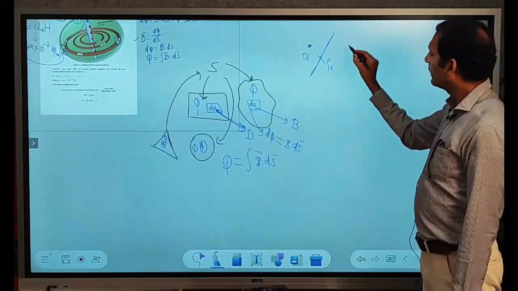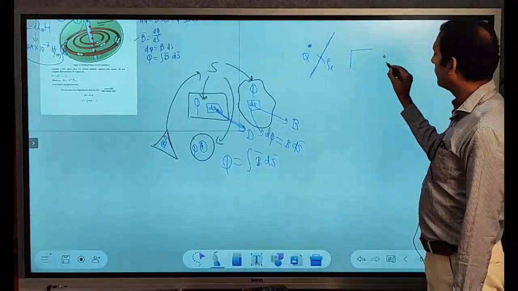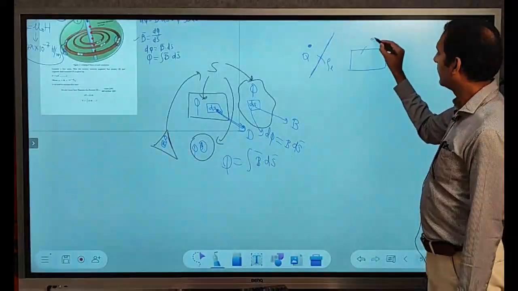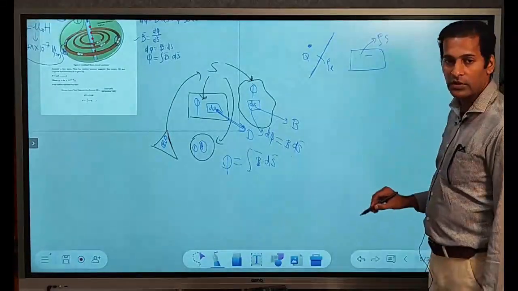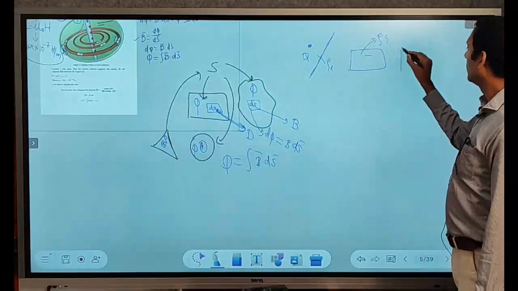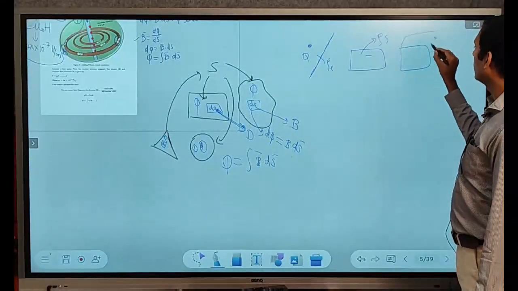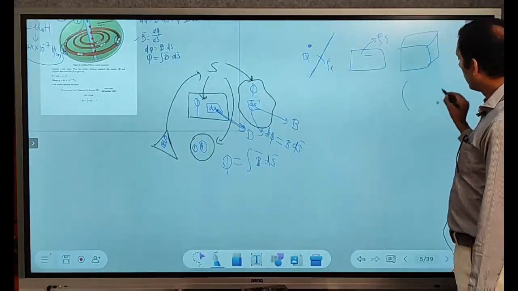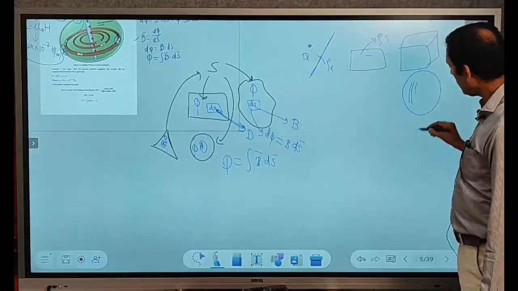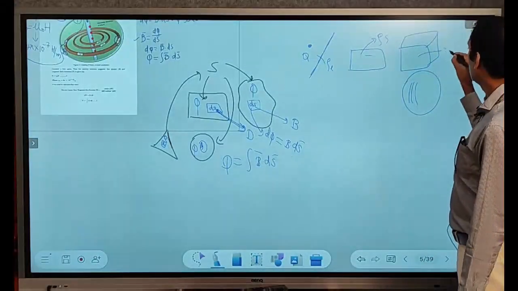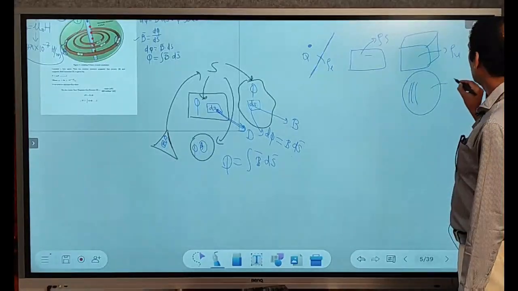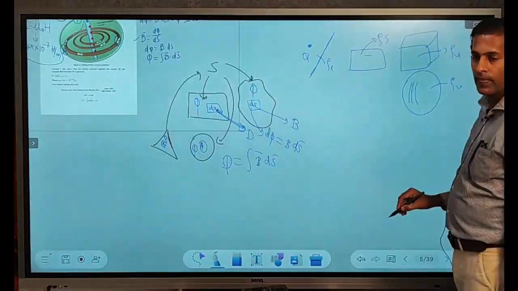Now many such lines connected will become a surface, in which there will be equally distributed surface charge distribution. Now there can be a volume. A volume can be a cube or any other shape or a sphere. A football is also a volume. So here we will have rho v.